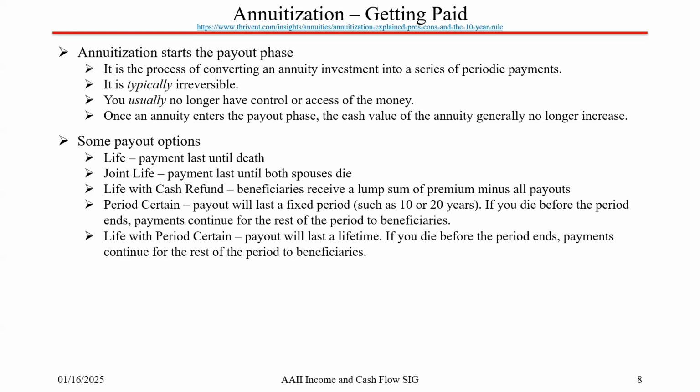That means the payout will last for a fixed period, usually 10 or 20 years. If you die before the period ends, the payment continues for the rest of the period to beneficiaries. So let's say it's a 10-year period certain, and you die after 5 years, then your beneficiary will get a payment for the next 5 years. But if you died after the 10 years, there's nothing.